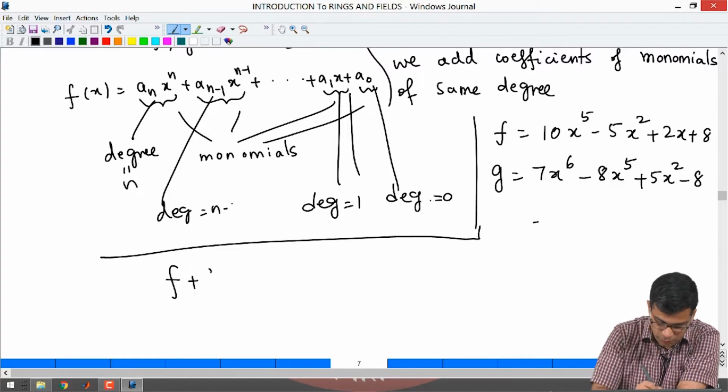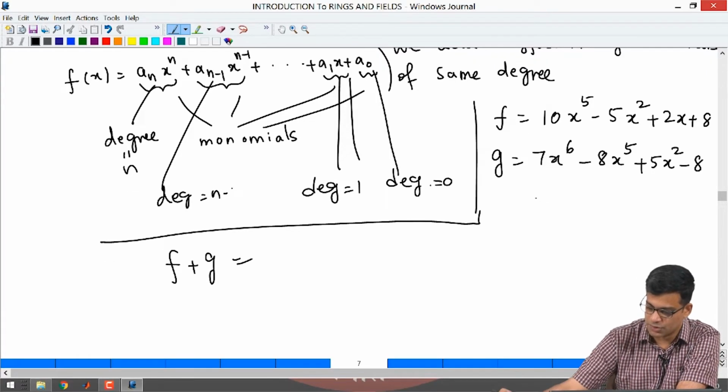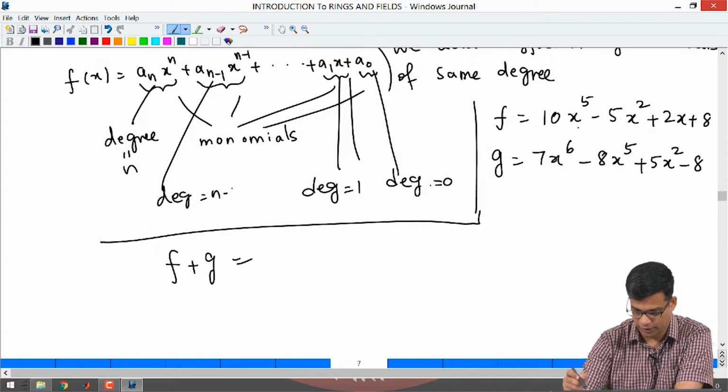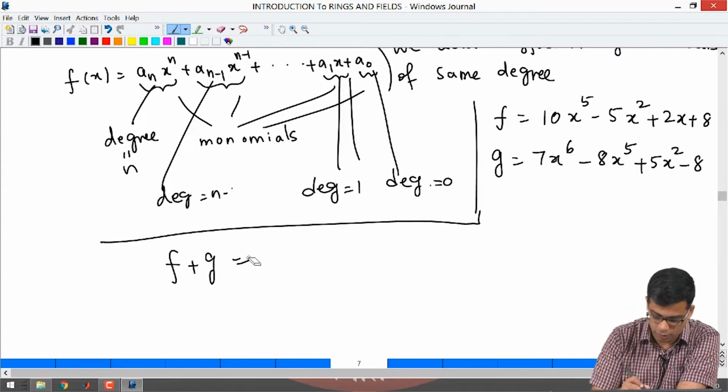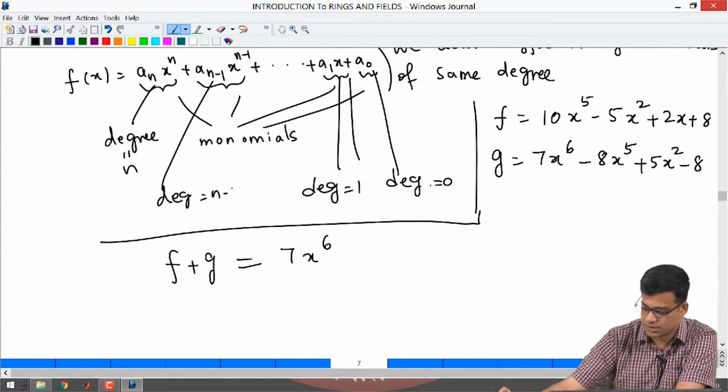So, f plus g would be, you remember you have to add like terms. You compare terms: the largest degree you have in x in f is 5, the largest degree you have in g is 6. Comparing degree 6 monomials, there is only one, so that is 7x^6.